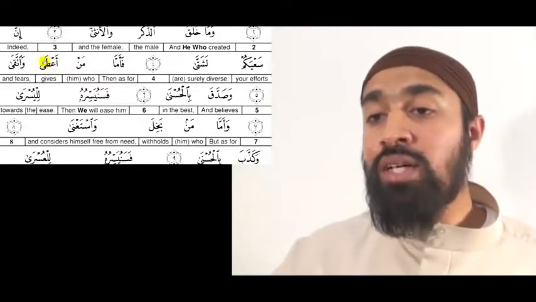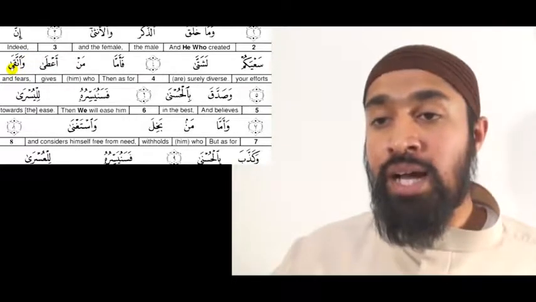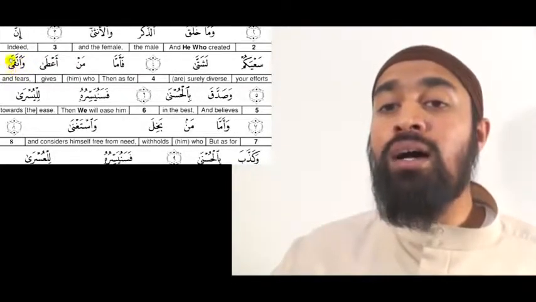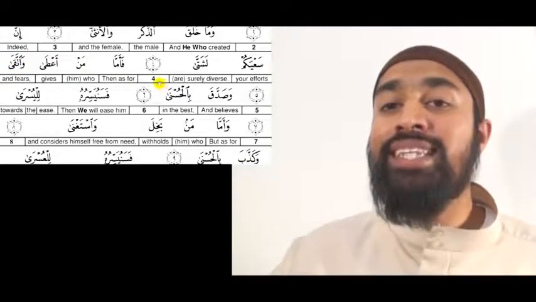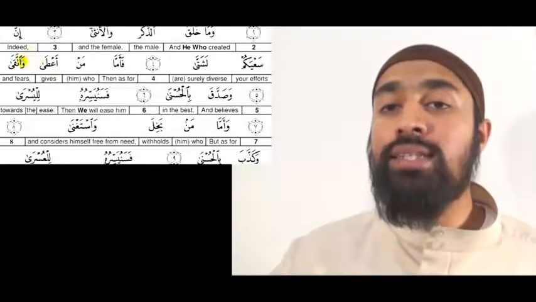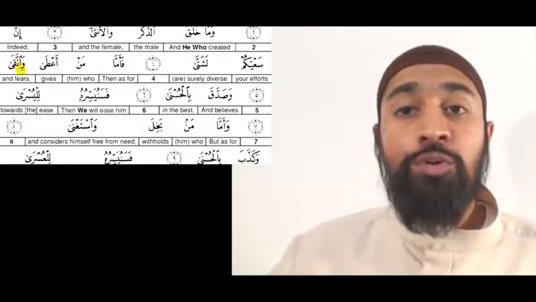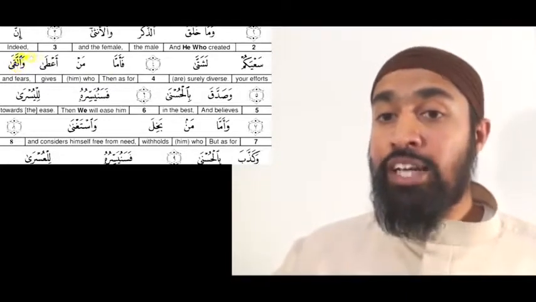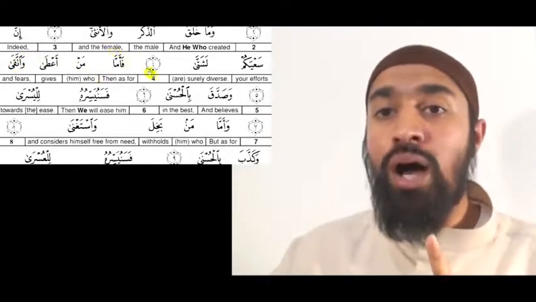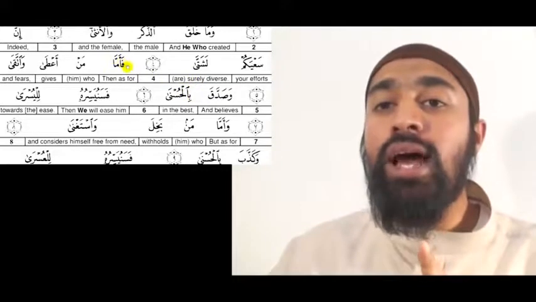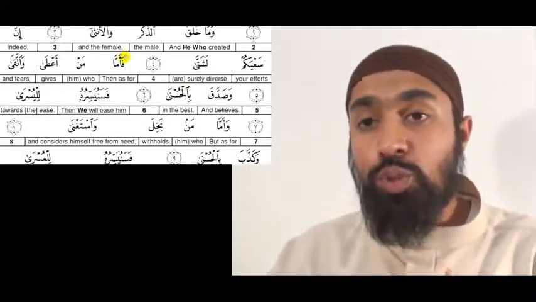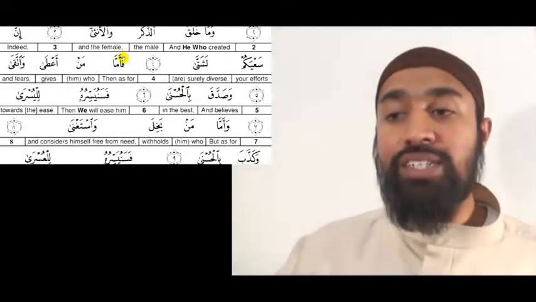Verse number 5. فَأَمَّا مَنْ أَعْطَى وَاتَّقَى. Excellent. Now I don't know if you're saying it perfectly, but if you follow this along, وَاتَّقَى, then you would be very close to proper recitation.